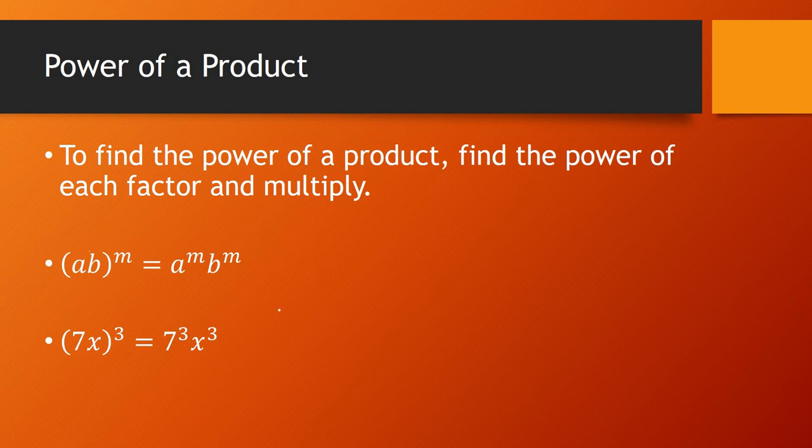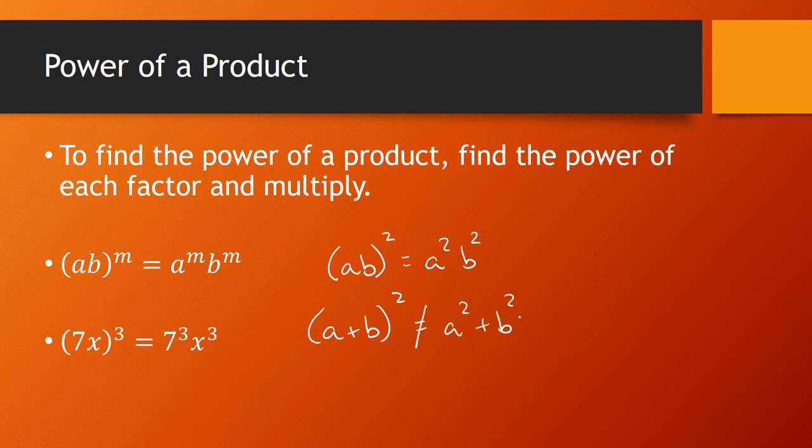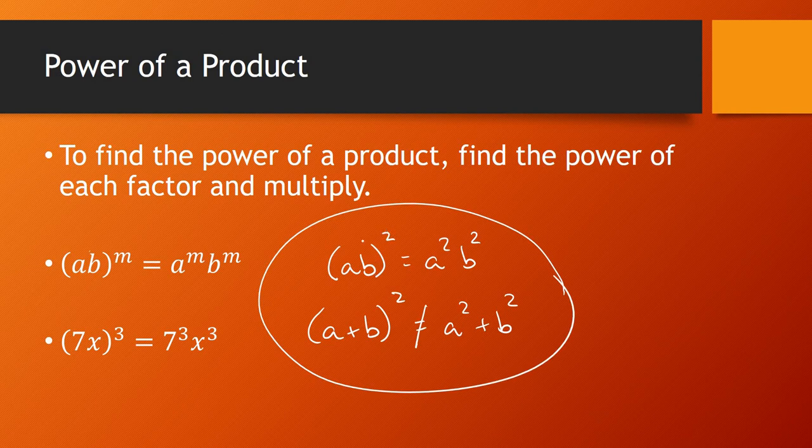Now be very, very careful, and I want you to put this in your notes. A times b squared is a squared b squared. A plus b squared is not a squared plus b squared. Be very careful. This rule only works with a product.